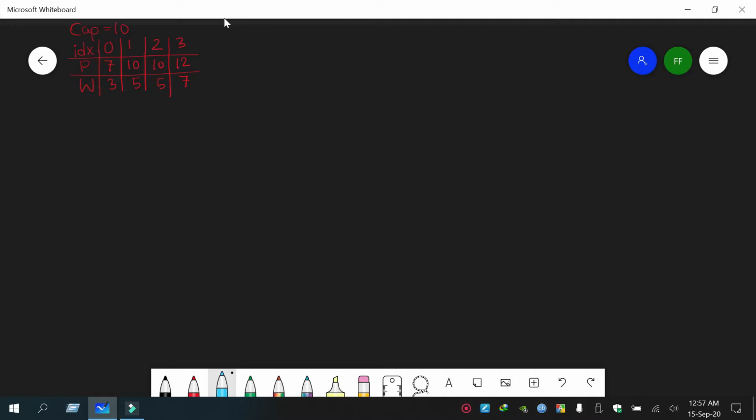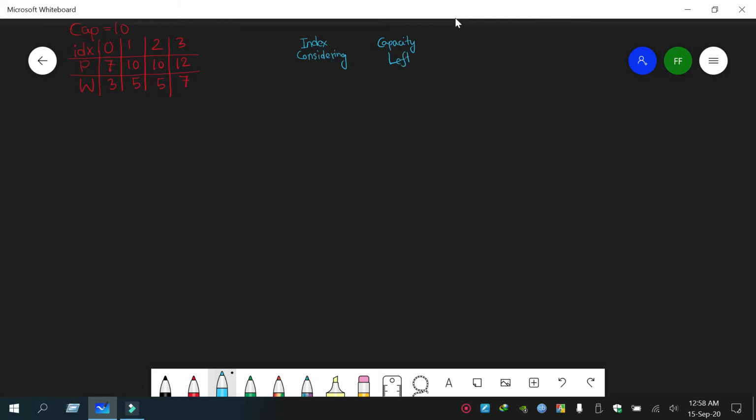So let's say we will actually have 2 properties. The properties will be the index we are considering right now, so I am just going to name it index considering, and the second parameter is going to be capacity left, that is how much capacity is left in the bag.